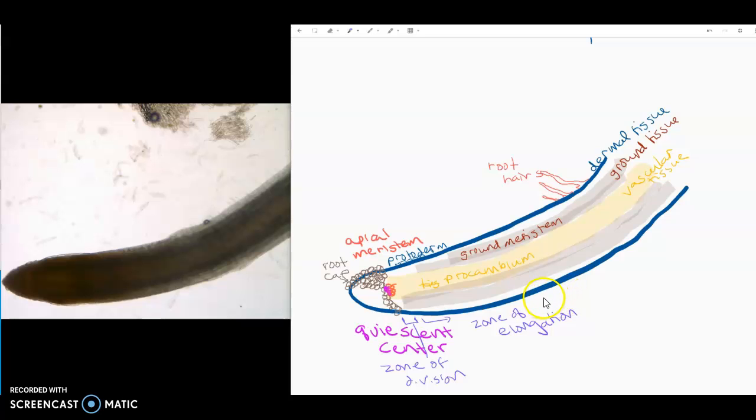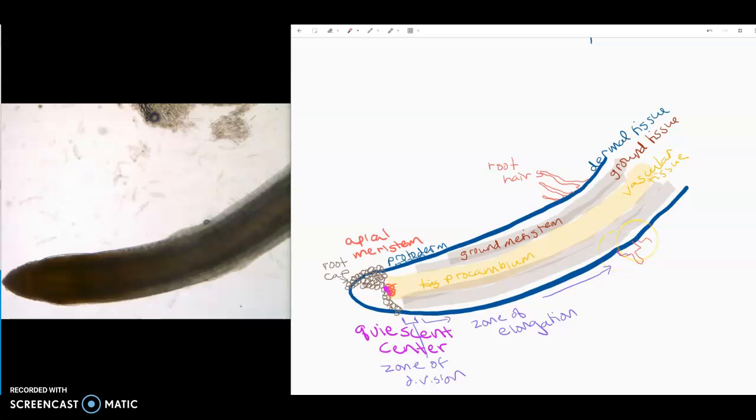And the zone of elongation continues until that first root hair is seen. So as soon as we see a root hair, that zone is then going to be the zone of differentiation.